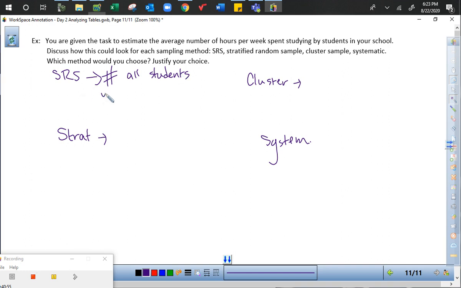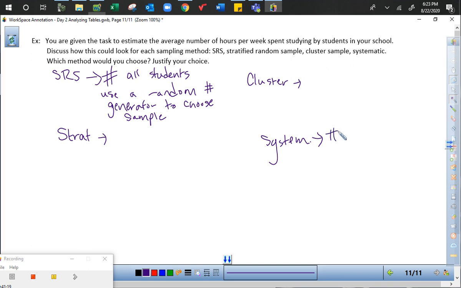Okay, but then use a random number generator to choose your students. Easy enough.